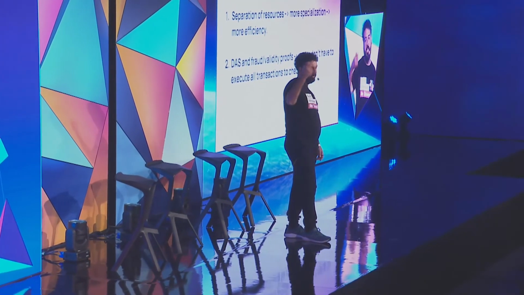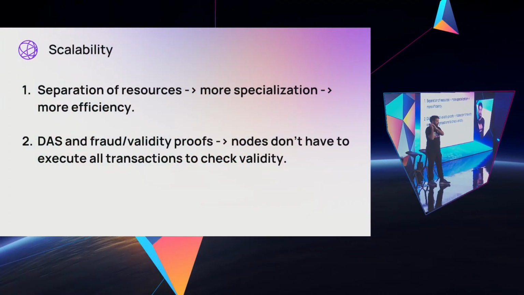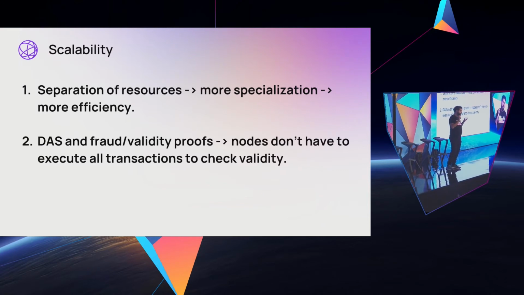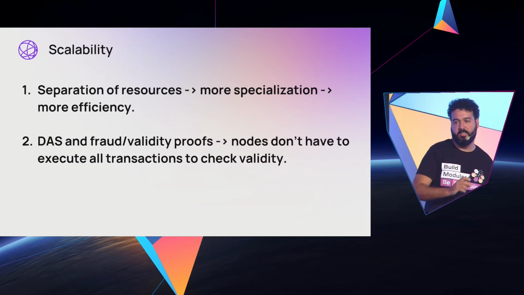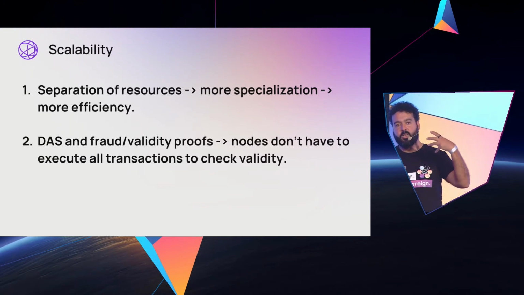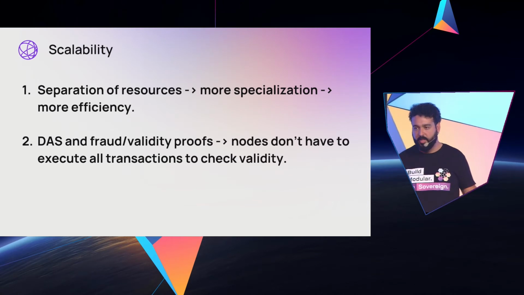And similarly, with execution environments, you can completely focus on your execution environment to be fast and efficient. So it's safe to say the more you specialize, the more you can focus and optimize there. In the case of Celestia, we'll try to optimize for data throughput essentially, and that's the only thing we'll optimize ever for.